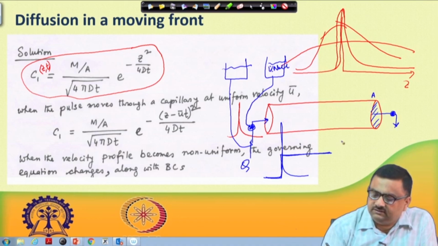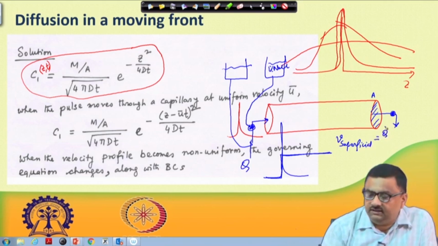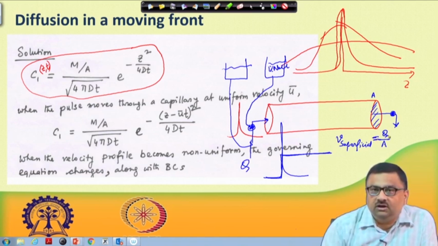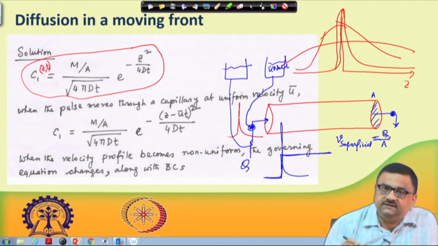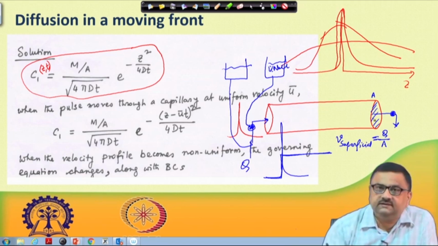The superficial velocity, V superficial, is Q divided by A. If Q divided by A is the superficial velocity, what is the residence time the fluid will spend in this porous medium?